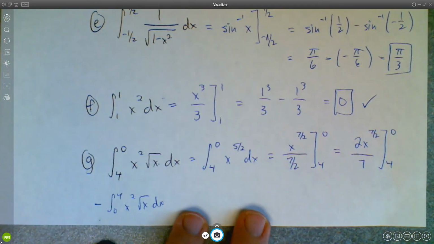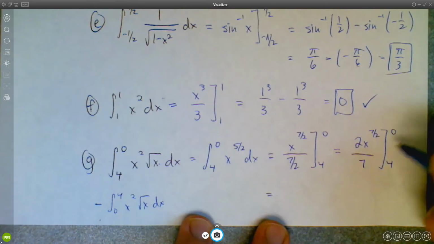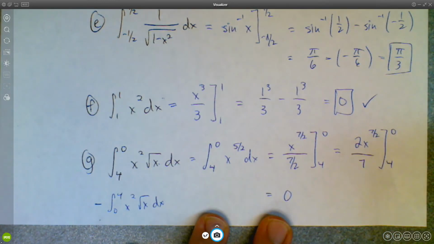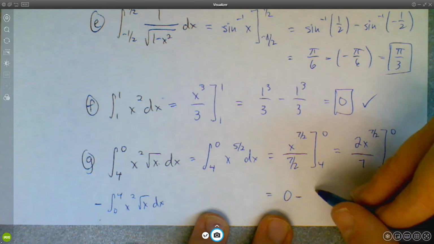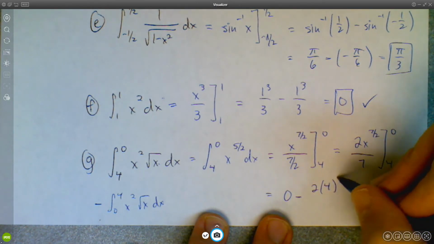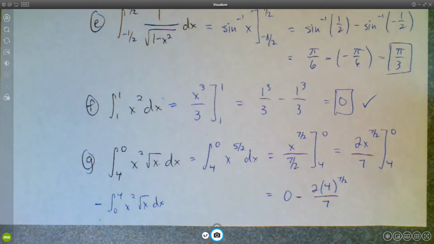And then I'm just going to take turns plugging in 0 and then plugging in 4 and then subtracting those things, right? So I plug in 0, I'm just going to get 0, right? And if I plug in 4, then I'm going to get 2 times 4 to the 7 halves over 7. 4 to the 7 halves.